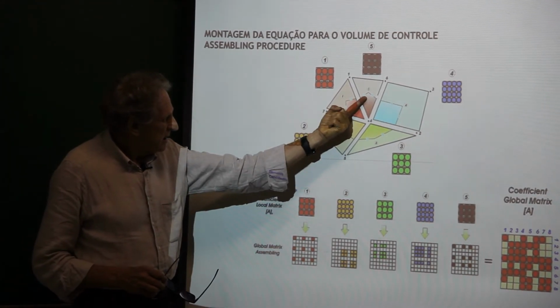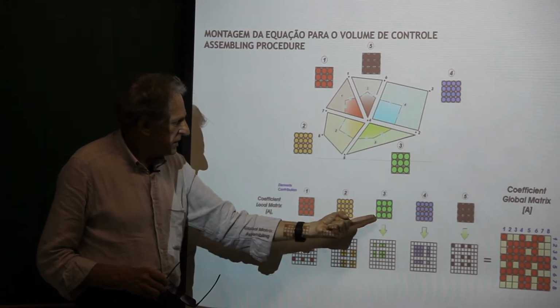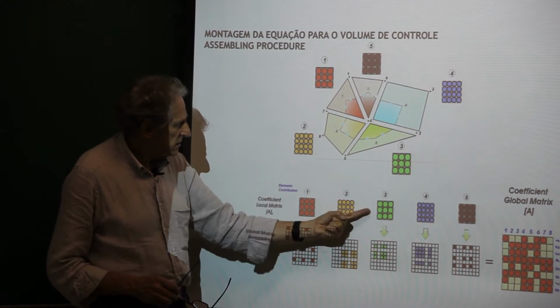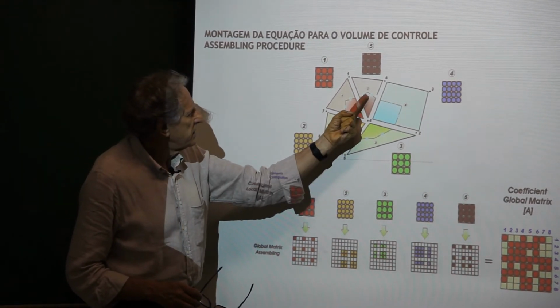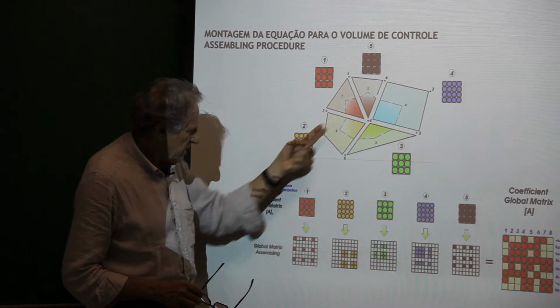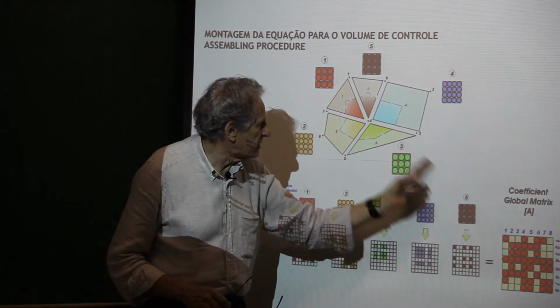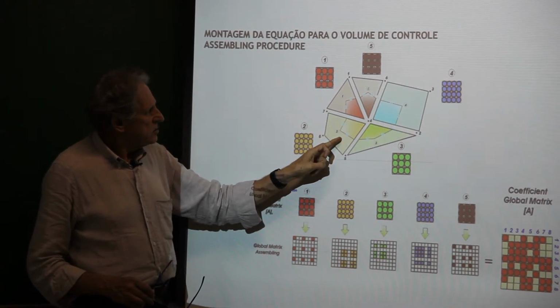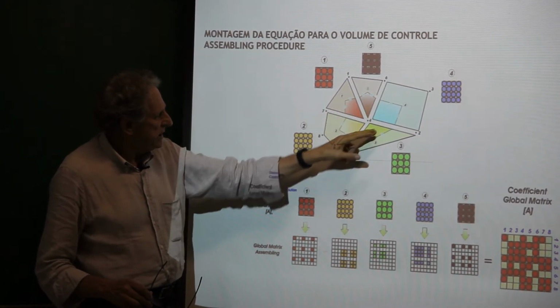And this one is 3 by 3 also. Well, there's another one here. The 3 is 3 by 3. And this is the 5. It's 3 by 3 again.